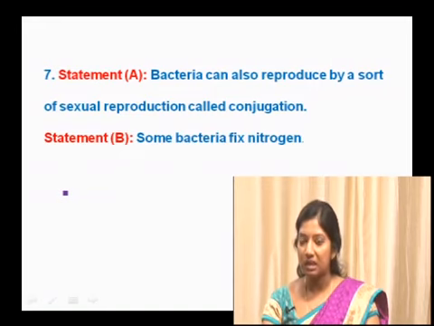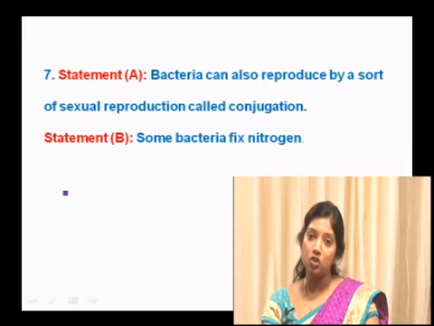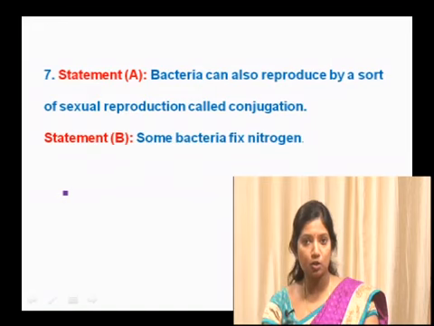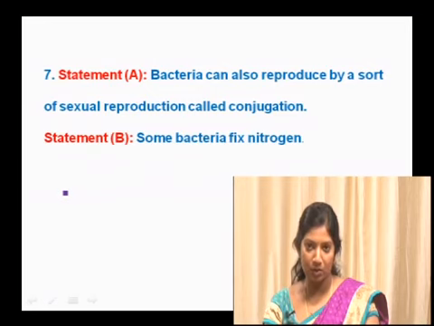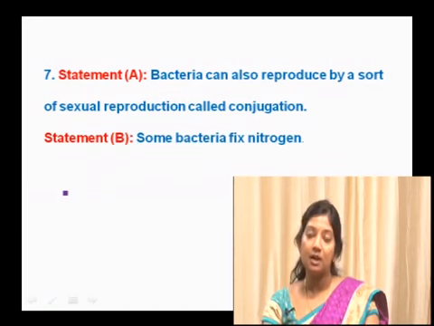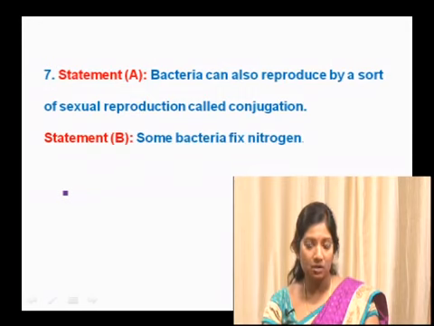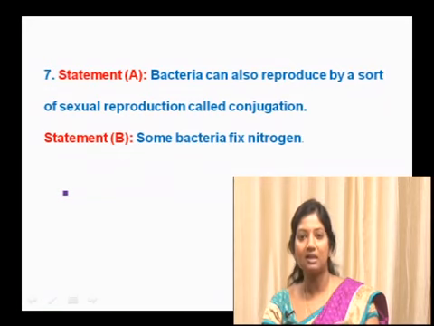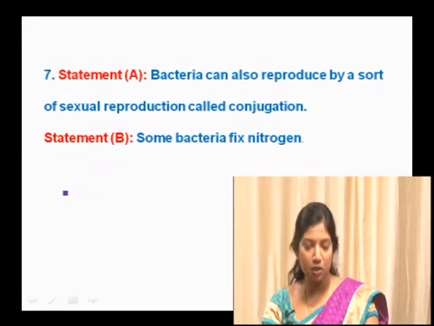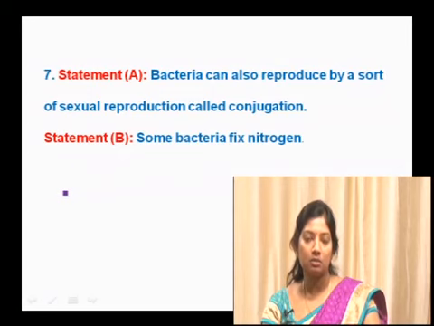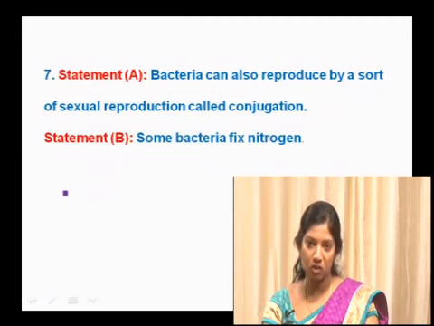Here you can see there is exchange of DNA. Because exchange of DNA is taking place, it can be considered a sort of sexual reproduction, though it is not a true sexual reproduction. What is the reason that it is not true sexual reproduction? True reproduction involves sex cells, or gametes. There is no formation of gametes here. That's why it is not sexual reproduction, but it mimics or resembles sexual reproduction by the DNA transfer which takes place.